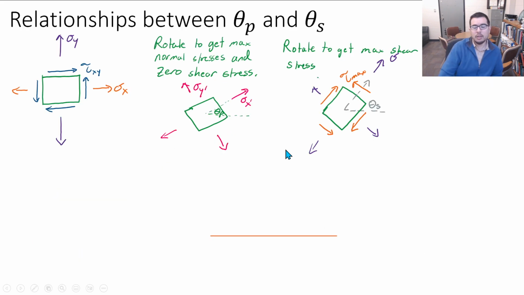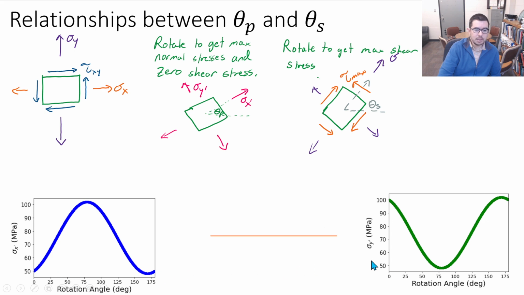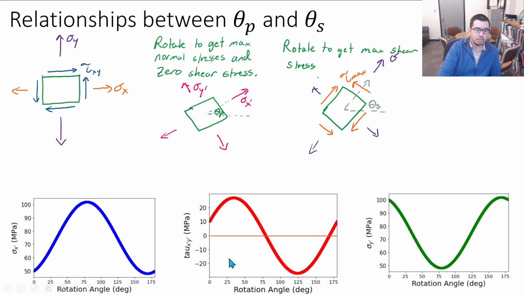Now, let's just talk a little bit about the relationships between theta P and theta S. These are the orientations associated with the in-plane principal stresses and the orientations associated with the maximum shear stress, theta S. If we just look at some of the data that we've been plotting for sigma x prime, sigma y prime, and tau x prime y prime, we can look and find the mins and the maxes, or we can start off by looking at where the shear stress is equal to 0.